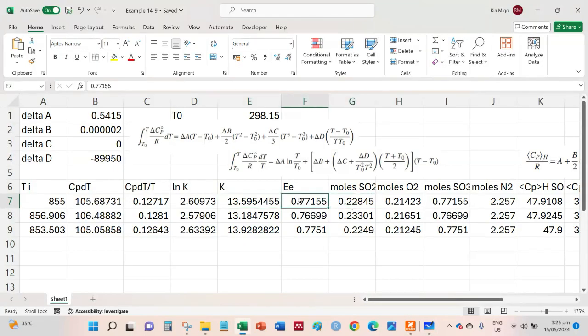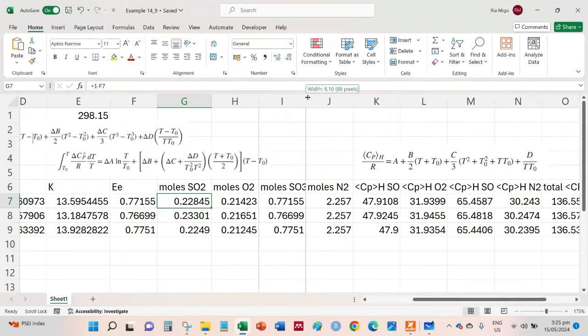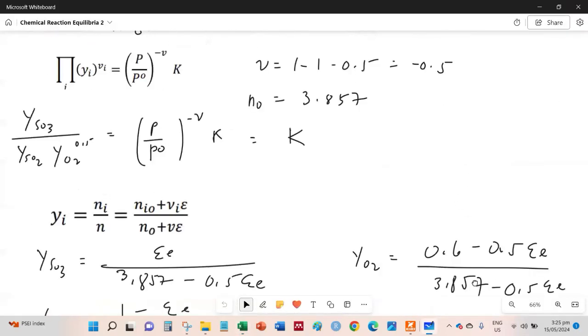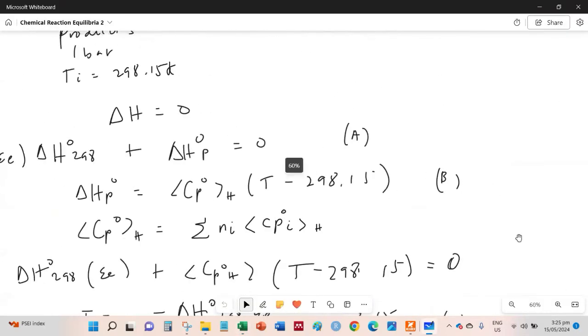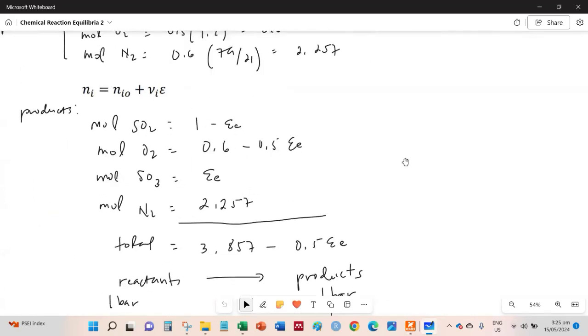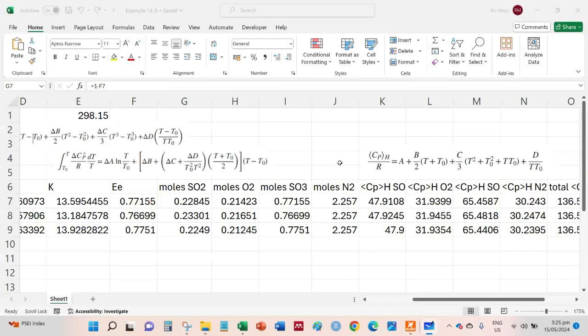And then after solving for epsilon sub e, you solve for the number of moles of the products using what? Using these equations that you set up earlier. You only need epsilon sub e to get the moles of the products. So you have to do that for all of the products right here, except for N2, it's constant.